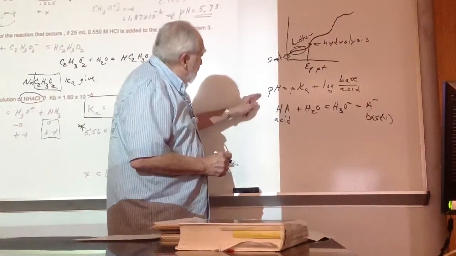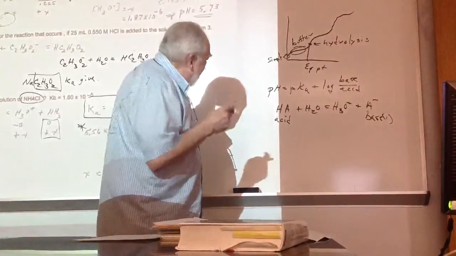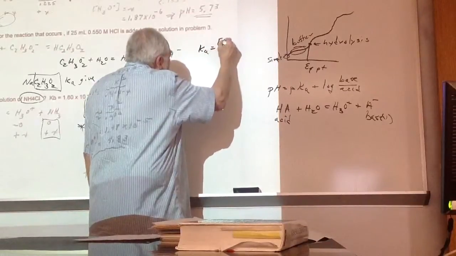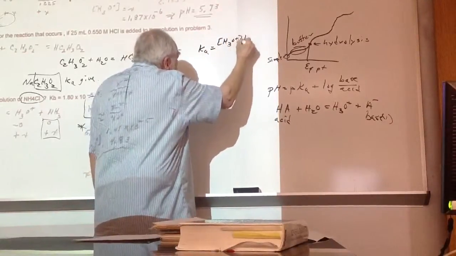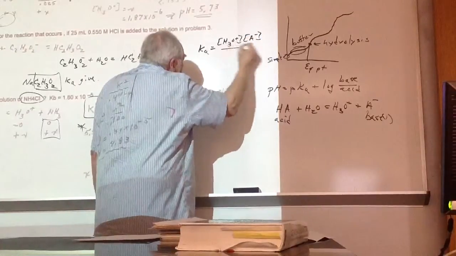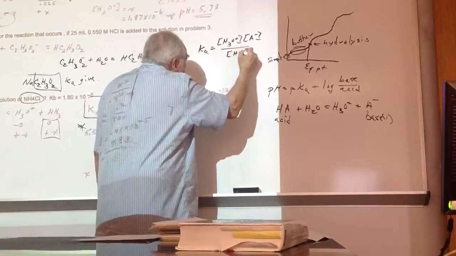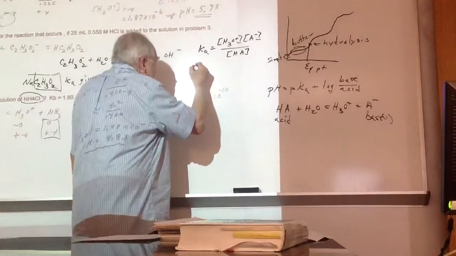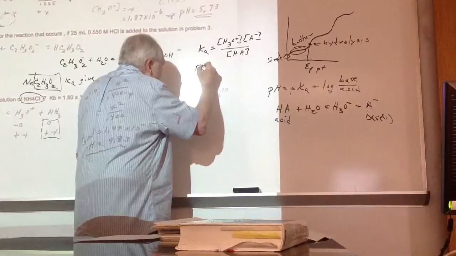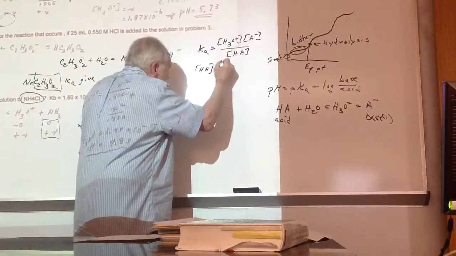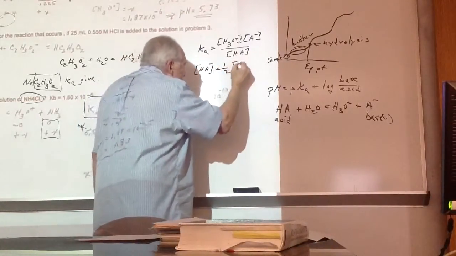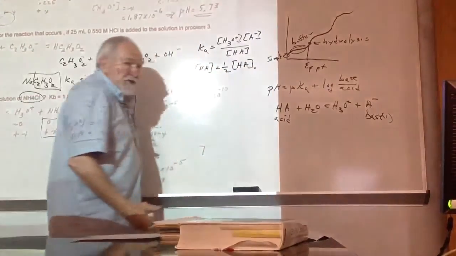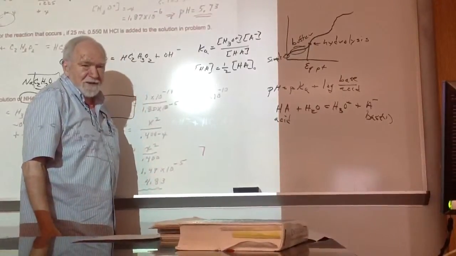Now the way I did this, I'll come back to this because you asked about that one. I said here's Ka, hydrogen ion, anion over HA. And I said what happens at the half equivalence point? I'll write it like this. It's half the original concentration of HA.